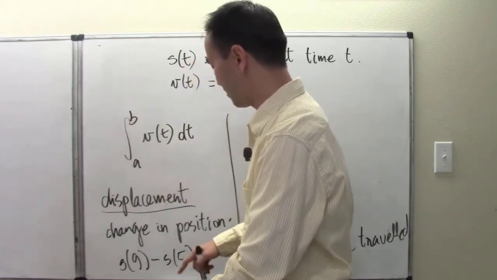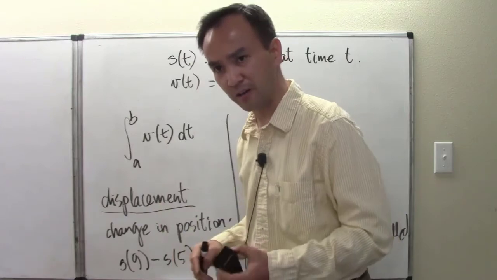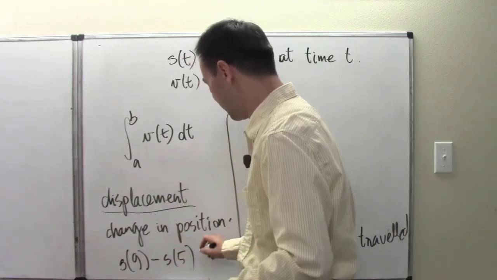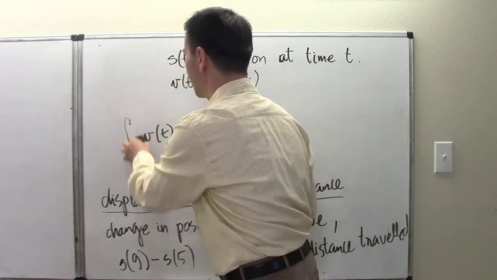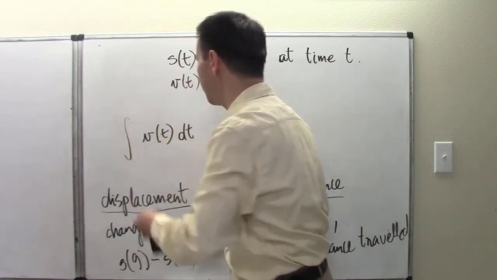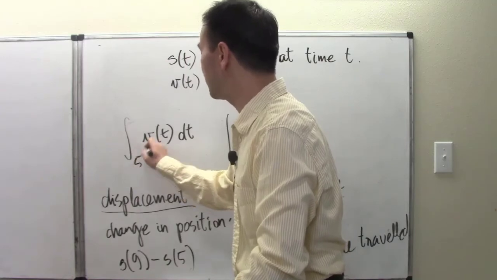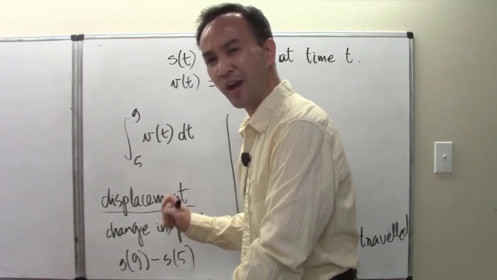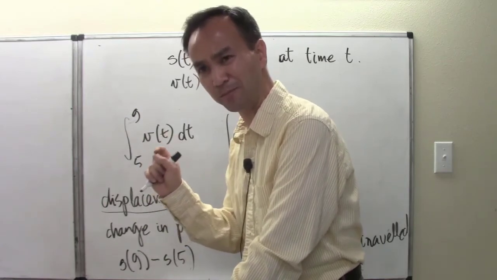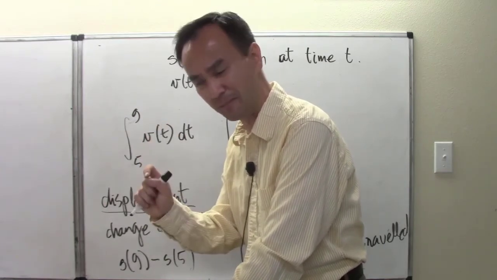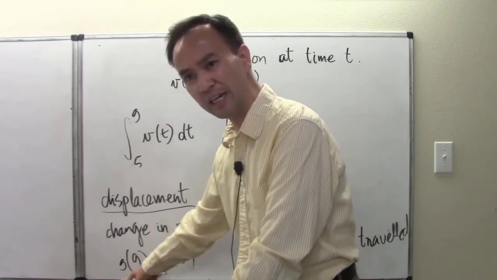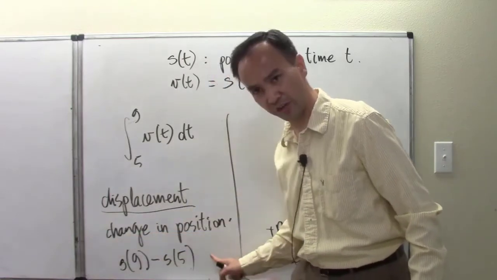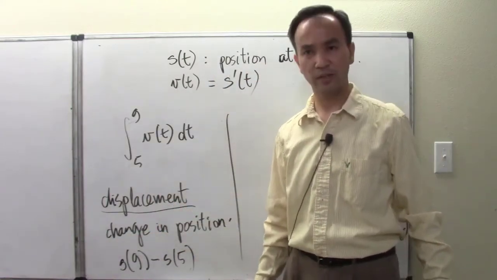Specifically in this problem that I brought up on the computer screen earlier, we take the definite integral from 5 to 9. That will arrive at the displacement. How is this an application of the net change theorem? This displacement is the net change in position. That's what it is.